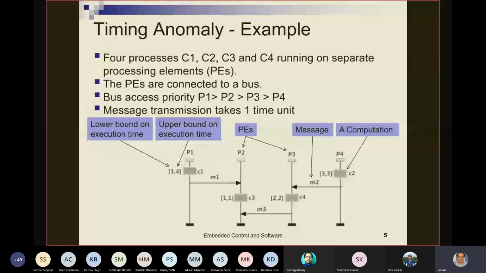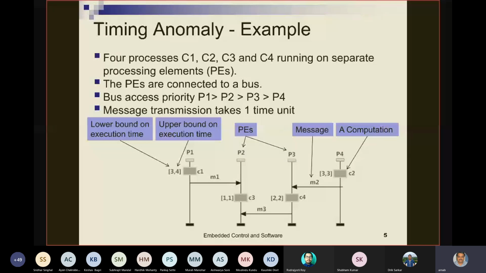Now, here is another example to show why timing analysis is important, and why we must schedule or analyze time based on exactly the behavior that we intended. If whatever we have thought is not according to what we had intended, then the expected output can be different.